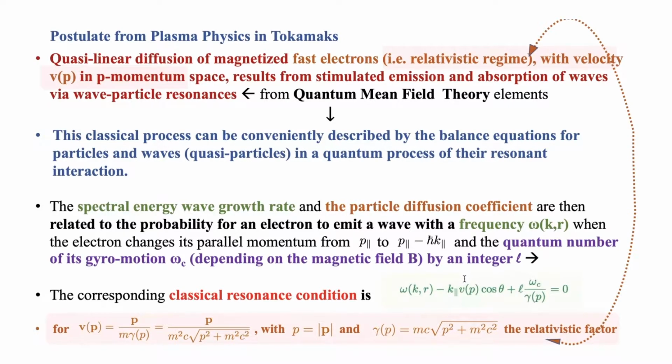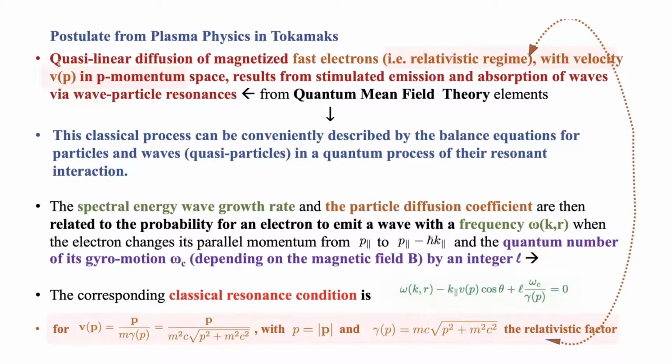I have done some contributions on magnetic fields with Mikhail Bostad, but that was the only thing except this new thing. So here is a postulate, and I will explain the model, from plasma physics in tokamaks. I'm taking this from a review paper published in Nuclear Fusion last year by a group of people working in this grand project.